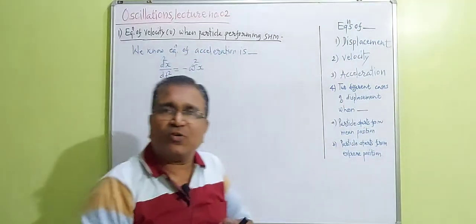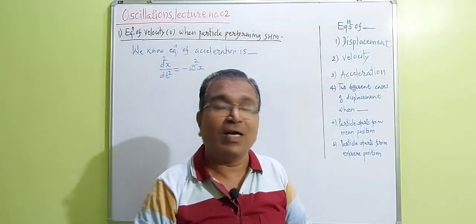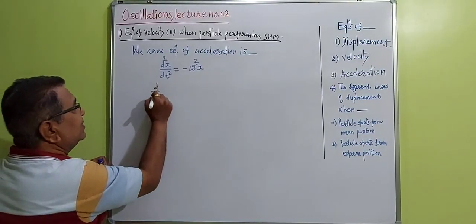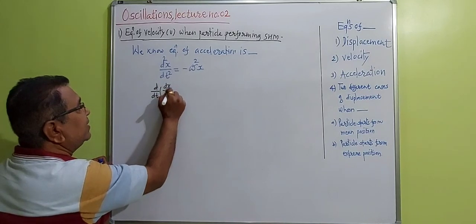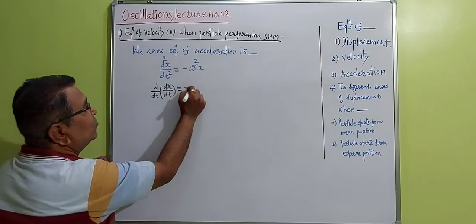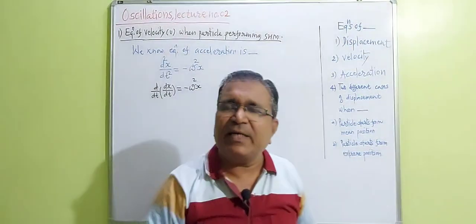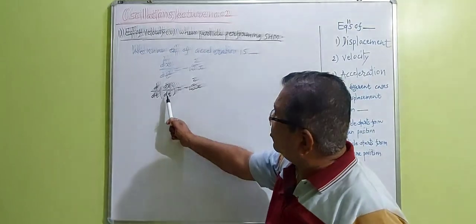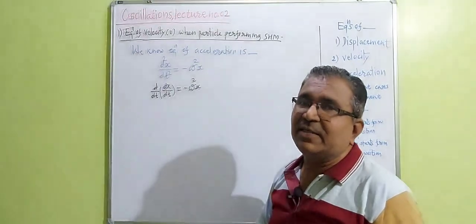This is the equation of acceleration. So how we can modify this equation, that we have to see here. We will write this as d by dt of dx by dt, which is equal to minus omega square x. D by dt of dx by dt itself gives us d2x by dt square.